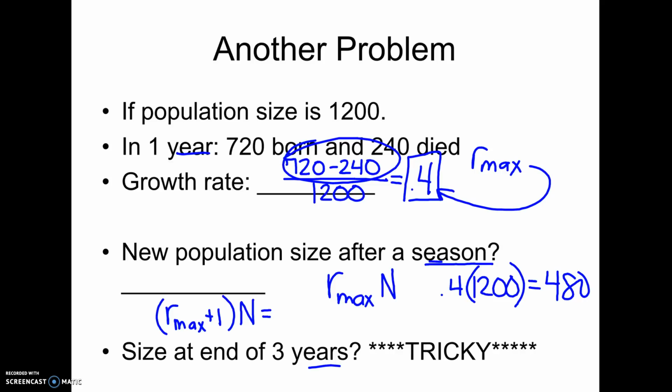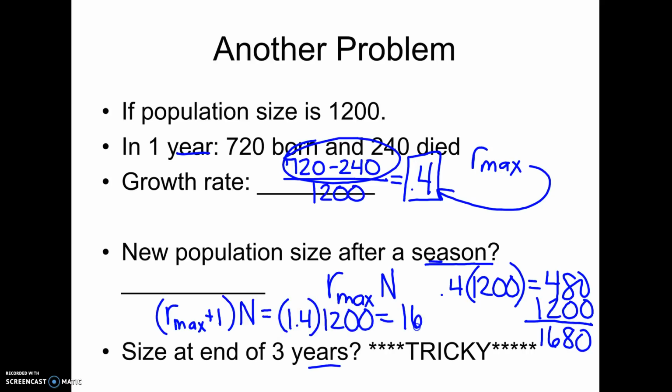Instead of having to add 480 plus 1,200 here to get your population size of 1,680, in one step, R max plus 1, in other words, I would do 1.4 times 1,200, and in one step, I would get the same answer, 1,680. So if they just want to know the new population size, and they give you R max, and they give you N, formula sheet doesn't have it, but if you do R max plus 1 times N, that would save you a little bit of time.